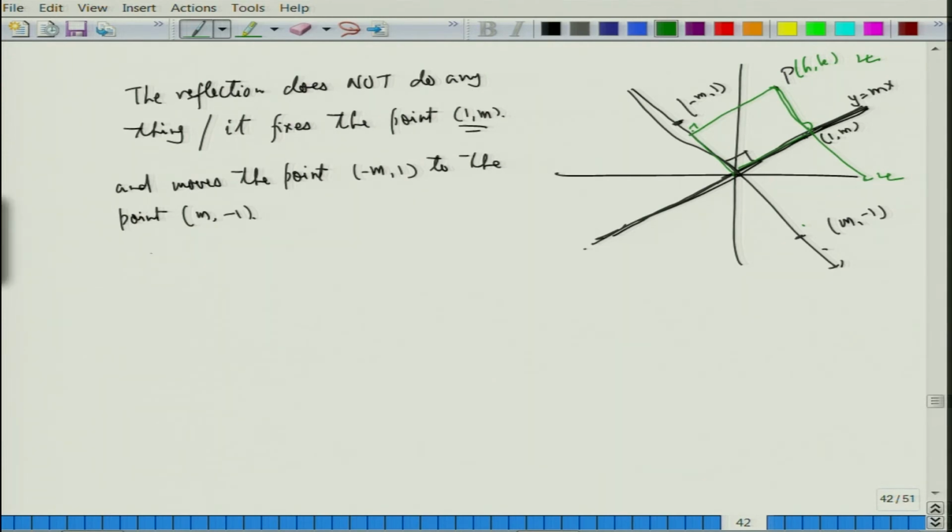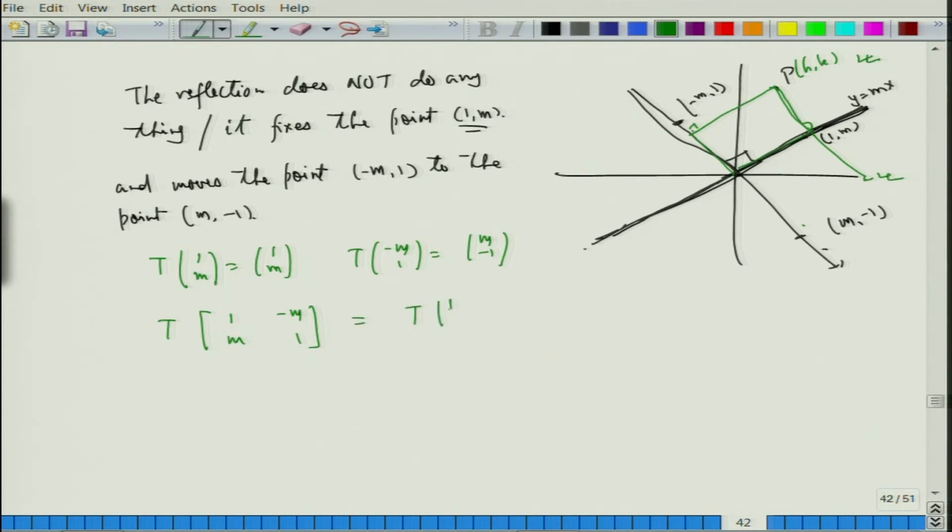So, what we are saying is that if T is a reflection, then T of the point (1, m) is (1, m) itself, and T of (-m, 1) is the same as (m, -1), fine. So look at this matrix with columns (1, m) and (-m, 1).